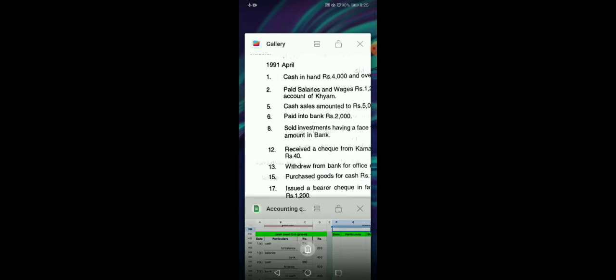Why are we making this cash book and why are so many entries needed to be transferred into cash book? Basically this cash book is used to convert the raw data which we have seen in these transactions into usable information. And what is that usable information?